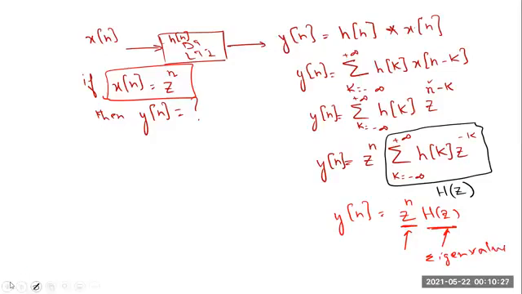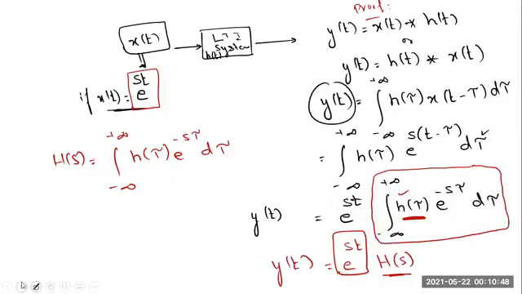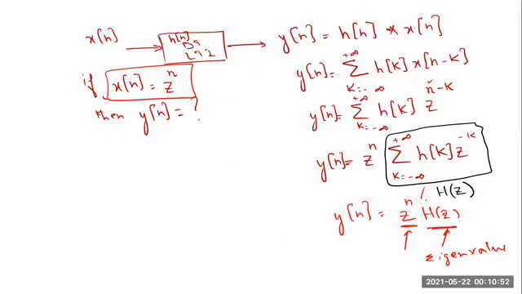And now you know the answer to how I was sure that if the input is z to the power n, the output is also z to the power n multiplied by this constant or amplitude factor. This H of z is actually this summation.